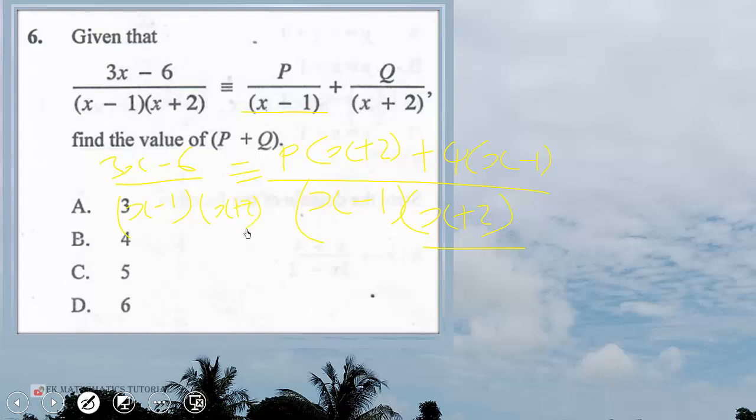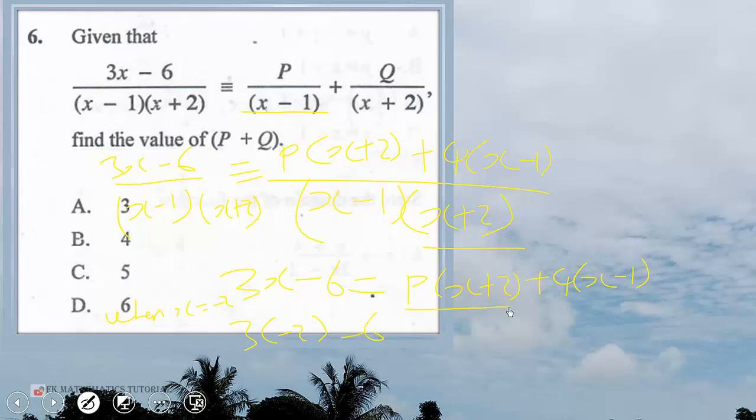So since this is the case, we can equate the numerators. So 3x minus 6 will be equal to p into x plus 2 plus q into x minus 1. When x is equal to negative 2, we get 3 into bracket negative 2 minus 6.